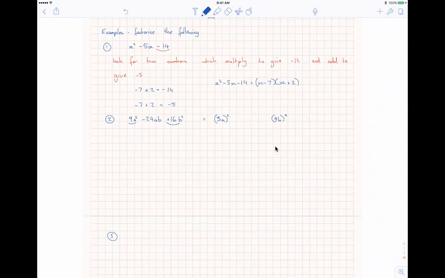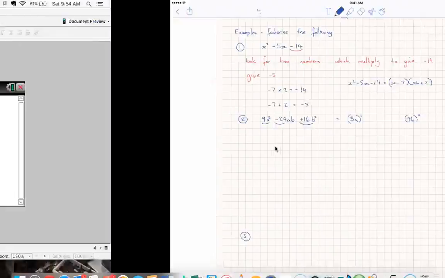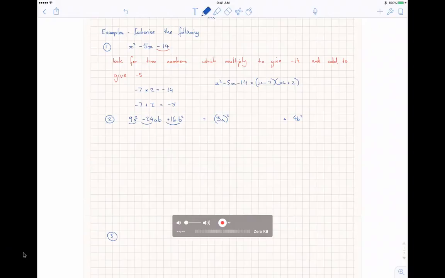And if we have a look at the coefficient here of ab, the coefficient is minus 24, which is in fact 2 times 3 times 4. So instead of minus 24ab, we can write that as minus 2 times 3a times 4b.